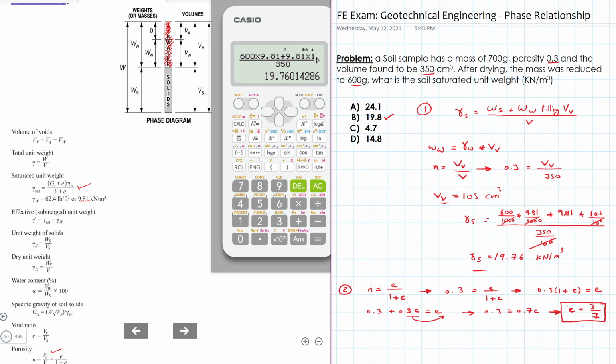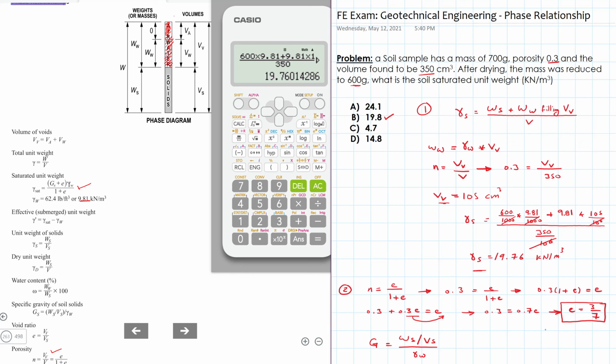For the specific gravity, it equals the weight of solids divided by the volume of solids, divided by the unit weight of water. The weight of solids, we have it.